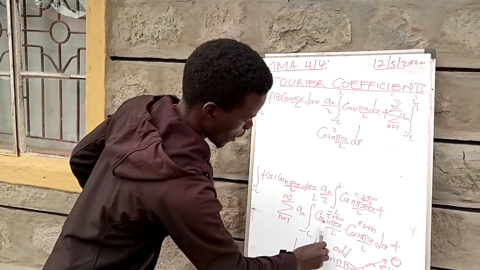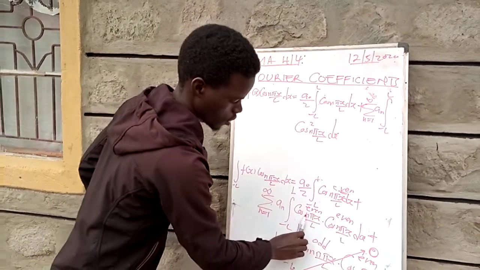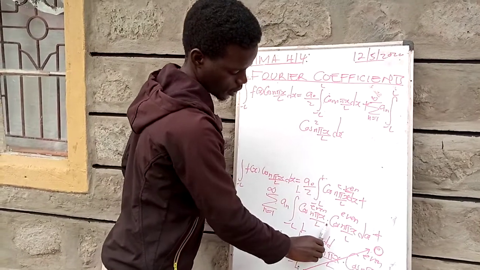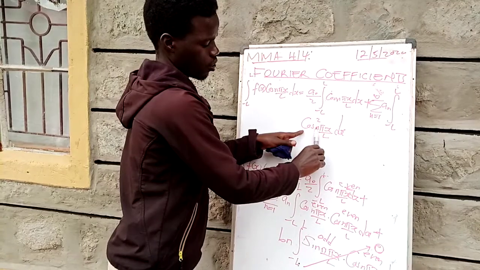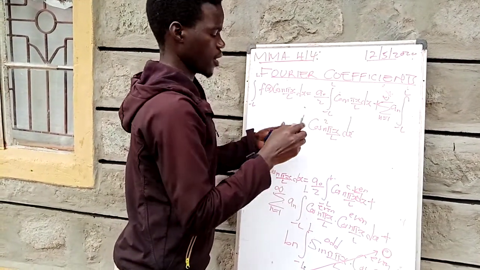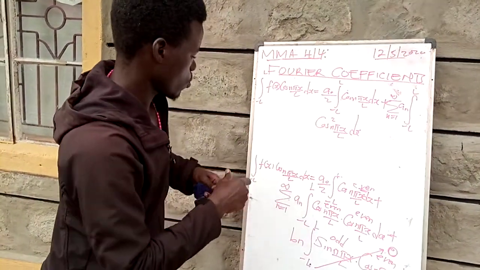So if you multiply even times even, that is cos n pi x over L times cos n pi x over L, you get cos squared.